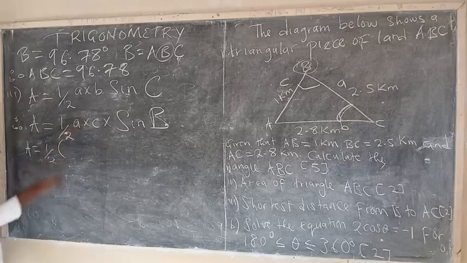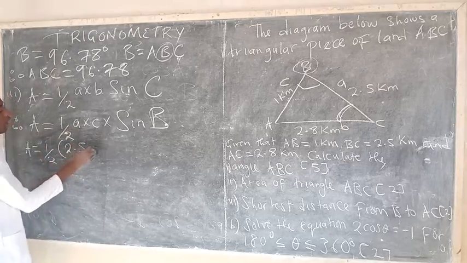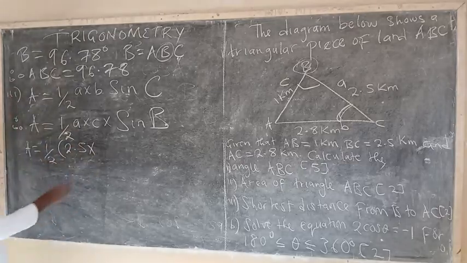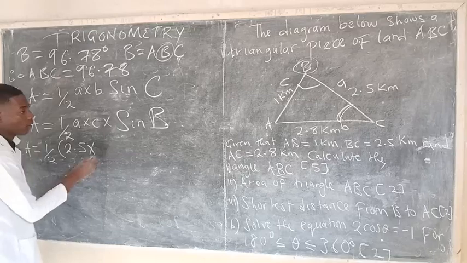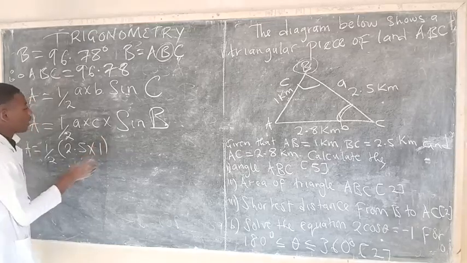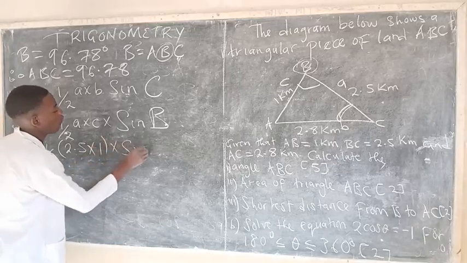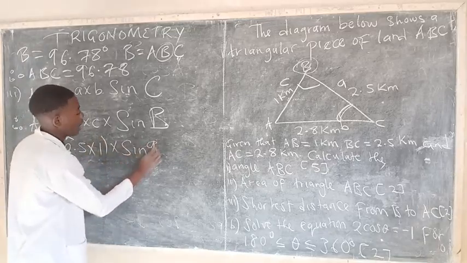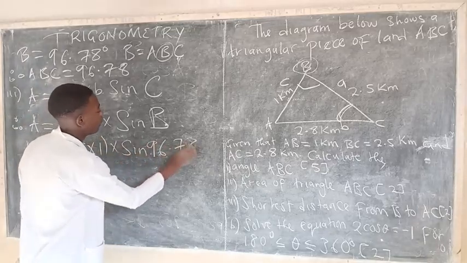We know that our A in that diagram is equal to 2.5 by our C is equal to 1, then by the sine of our angle, which is 96.78.